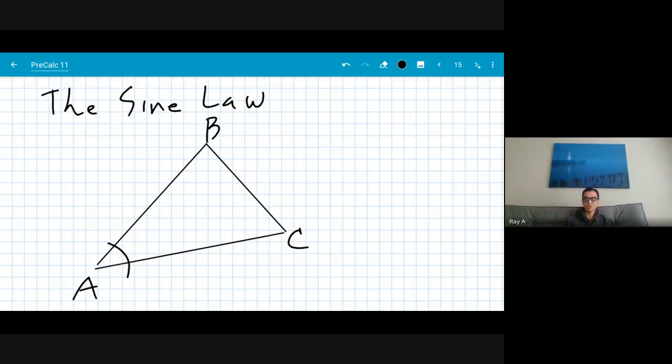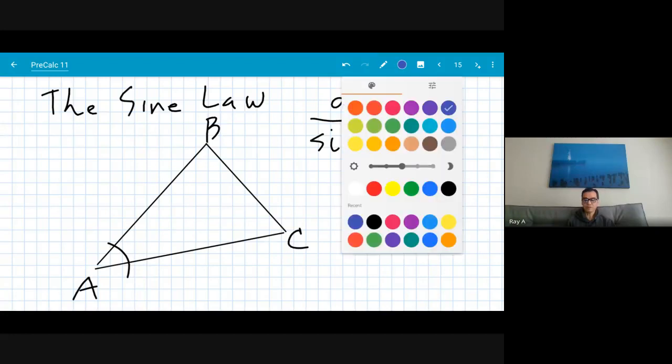All right, so the sine law goes like this. It is a ratio. A over sine A, okay? Now you may have noticed, why did I change the color? There's a reason why.